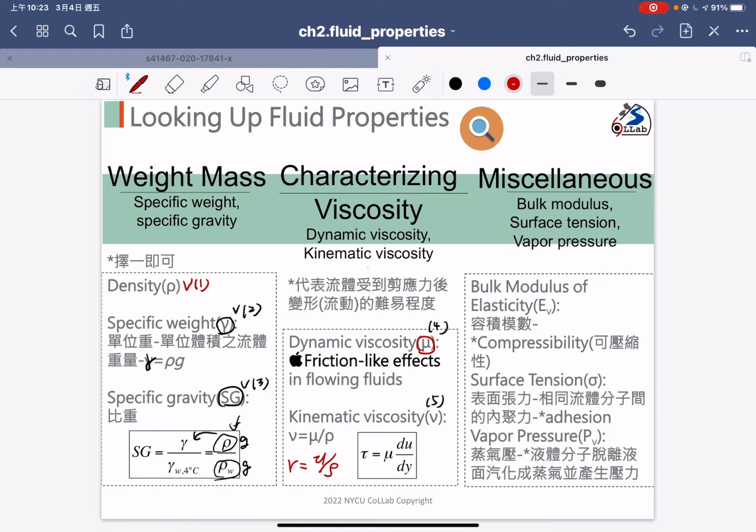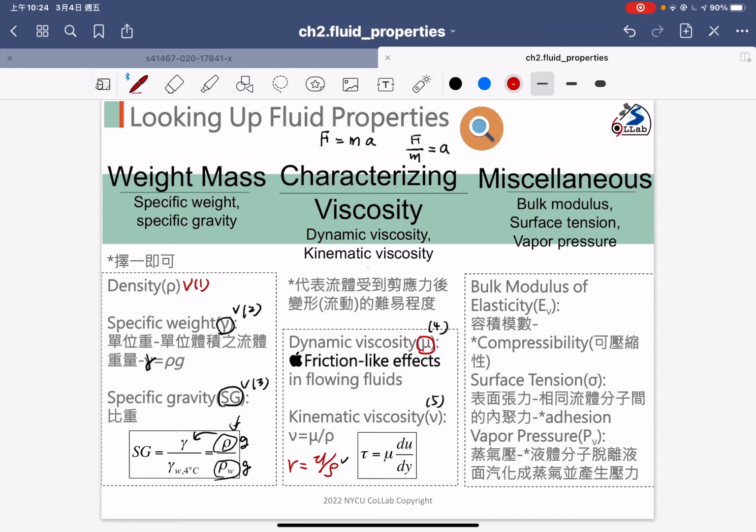Okay, it's very easy to understand, because I have the force. Force is the dynamics, right? Force is equal to the mass multiplied by the acceleration, right? If I divide the force by the mass, the answer is equal to the acceleration.